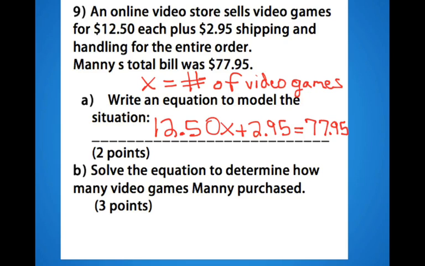Alright, so we got our equation, now we just need to solve it. So first thing we want to do is get rid of that $2.95, so we're going to subtract that from both sides. Okay, that'll cancel that out, so that'll leave us with 12.50x equals, and then that should be 75, right?